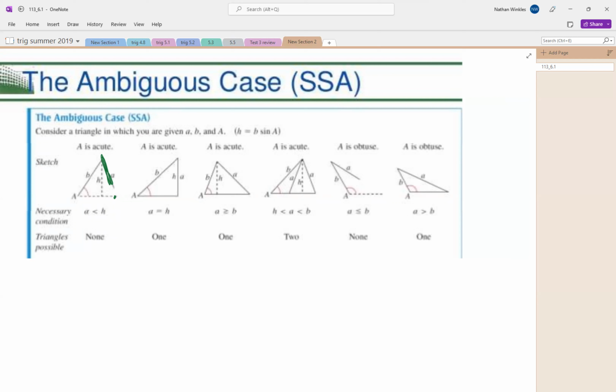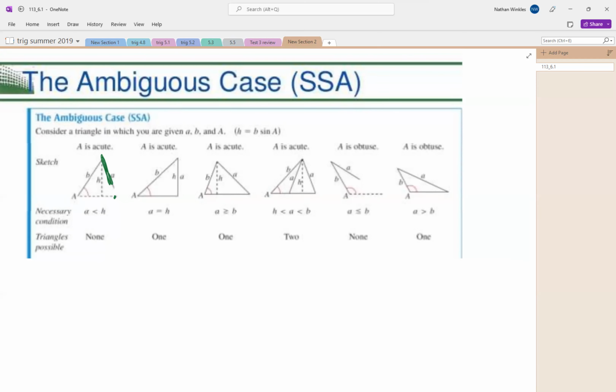If angle A is acute and side A is greater than or equal to side B, then there's only going to be one possible triangle. If angle A is acute and A is greater than H but less than B, there's going to be two possible triangles.